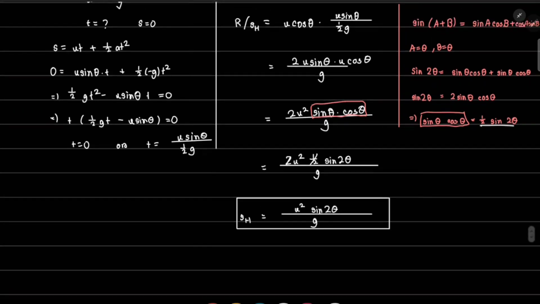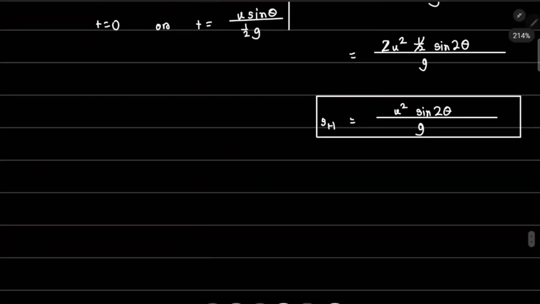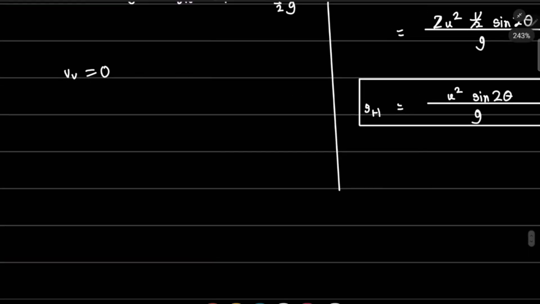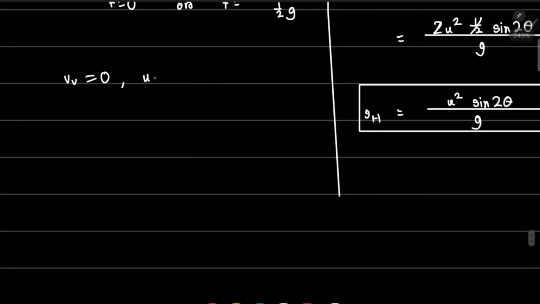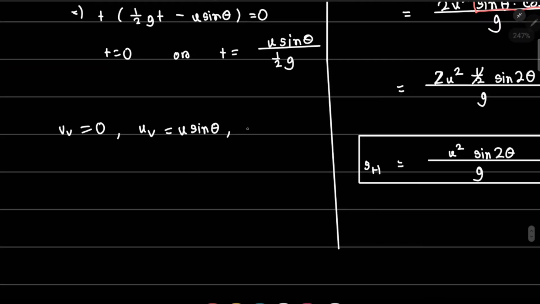We can do the same general form for the maximum height as well. So at the maximum height, the vertical velocity is 0. For the maximum height, we don't have any work to do with horizontal motion. The vertical final velocity is 0. The initial velocity is given over here, u sin theta, and acceleration is minus g, and s is equal to the height.